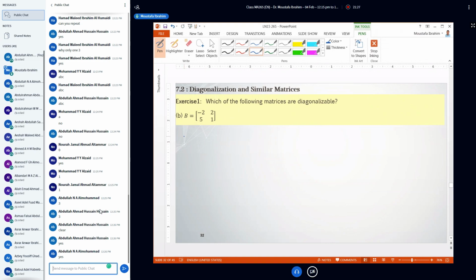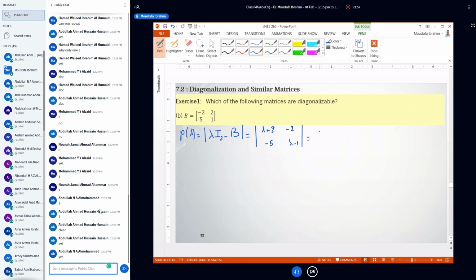Let's find the eigenvalues. If we have 2 distinct eigenvalues, meaning 2 different from each other, it's immediately diagonalizable. So here, p(lambda) is the determinant of lambda I2 minus B. So it will be lambda plus 2, minus 2, minus 5, lambda minus 1.